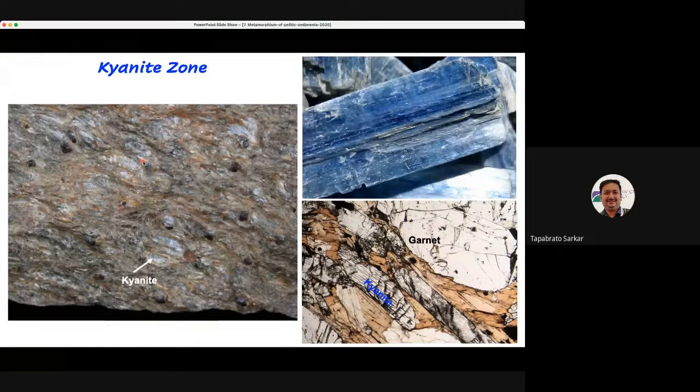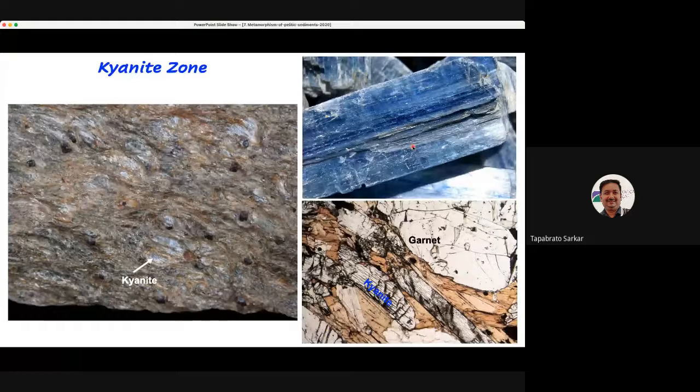Okay. So if you look at the hand specimen or under the thin section, this is how the rocks look. If you magnify the kyanite, it looks like this. Many a time it has a slight bluish tinge.